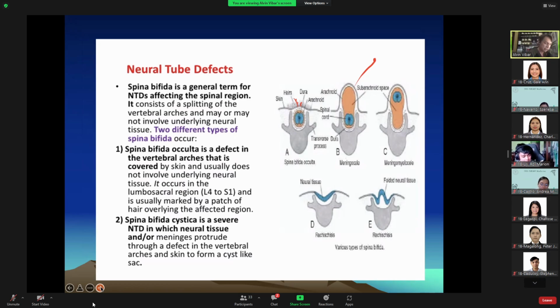This is your meningomyelocele: meninges, CSF with spinal cord involvement. And this one is your myeloschisis, because you can see clearly the spinal cord. No more covering.